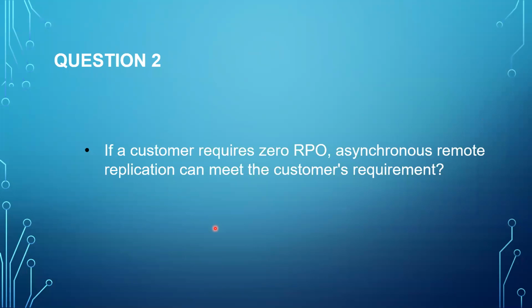Okay, do you want me to send you the questions in the chat box as well? I can also do that if it's easier for you. So this is the first question. This is the second question. Okay, and let's show the third question as well.